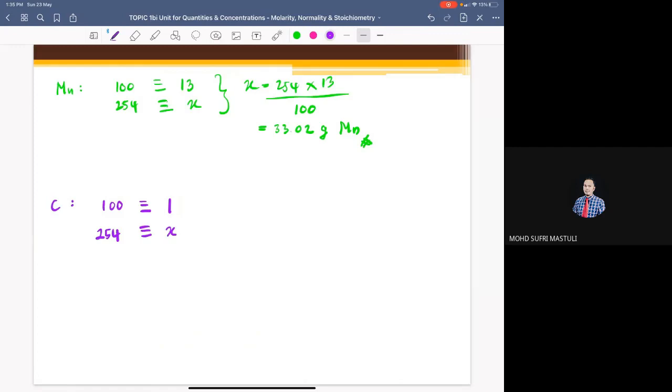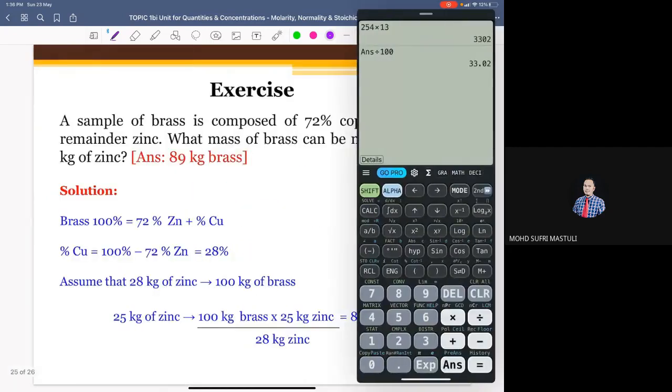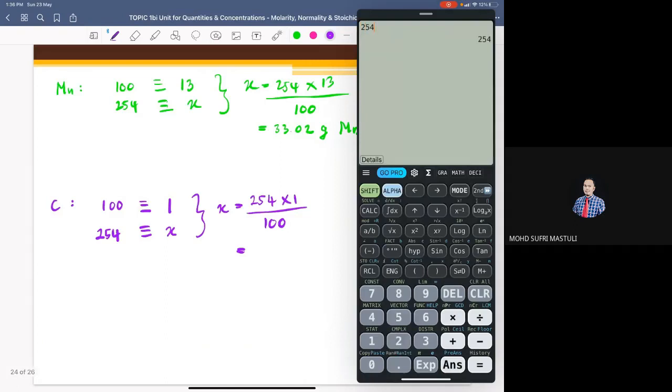Okay, so X should be 254 times 1 and then divided by 100, which is 2.54 gram of carbon.